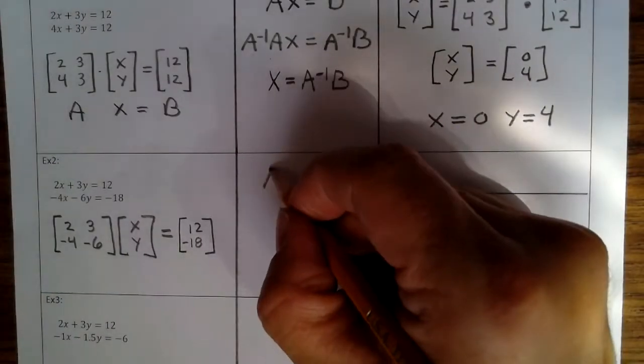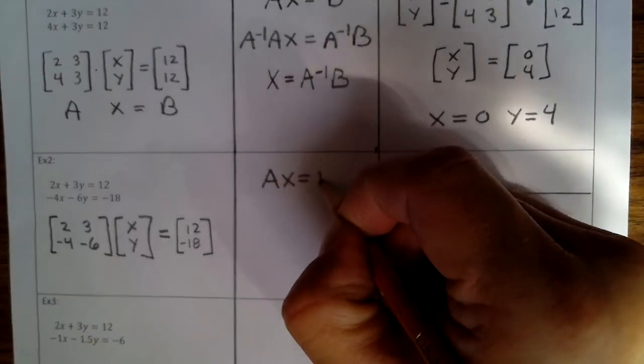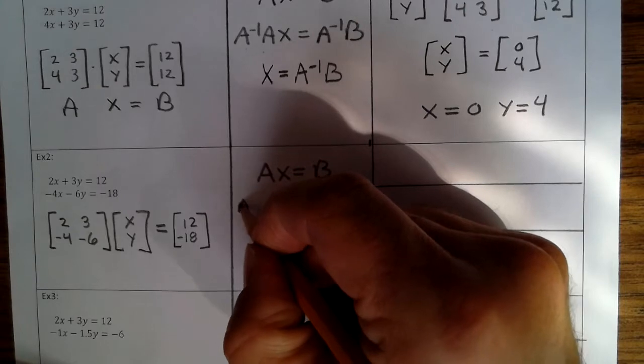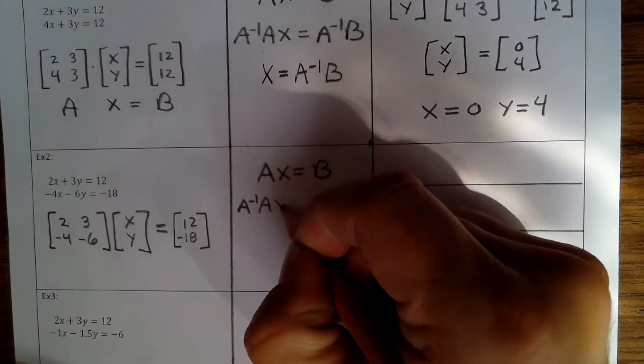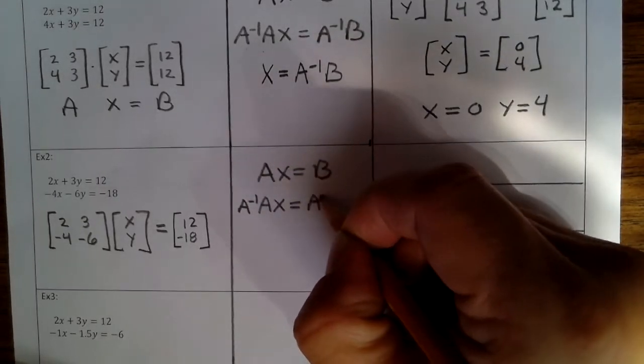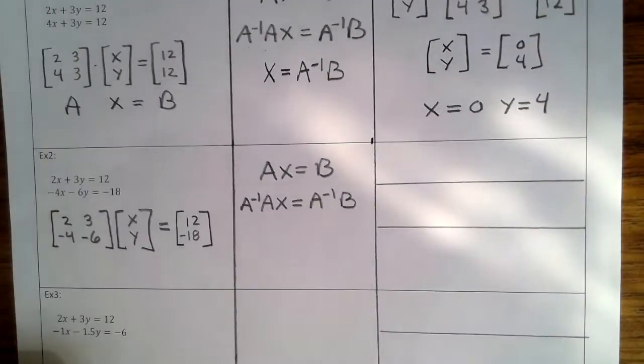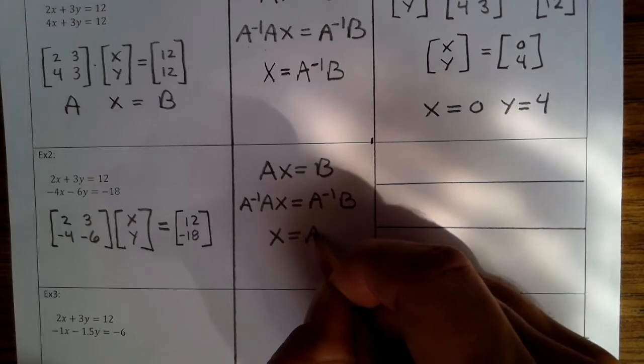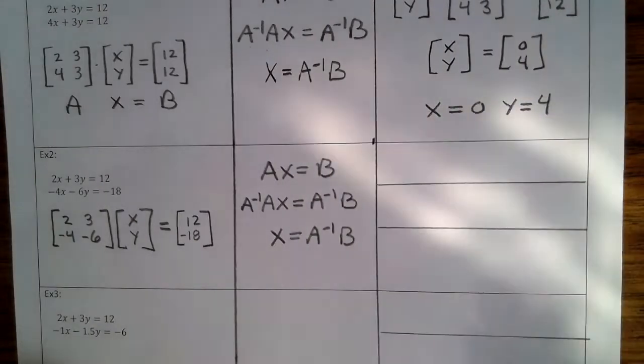Now again, we know that AX equals B, and we need to multiply A inverse by both sides. So that's A inverse times AX equals A inverse B. This becomes 1x, so X equals A inverse B.